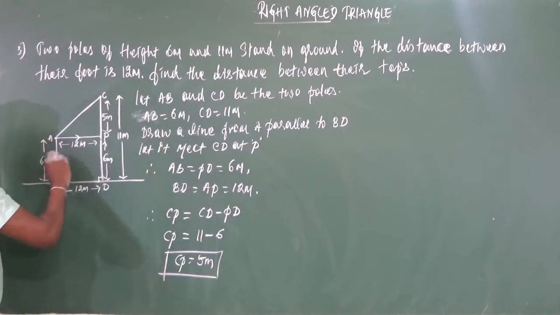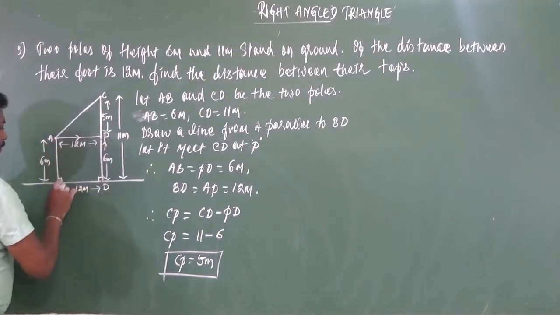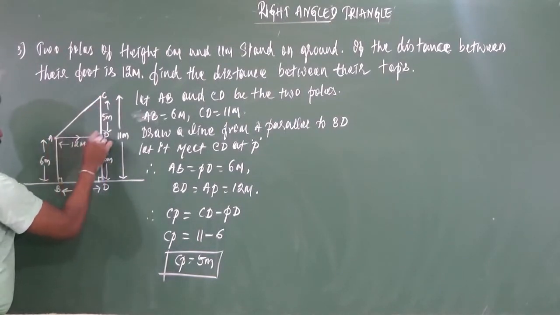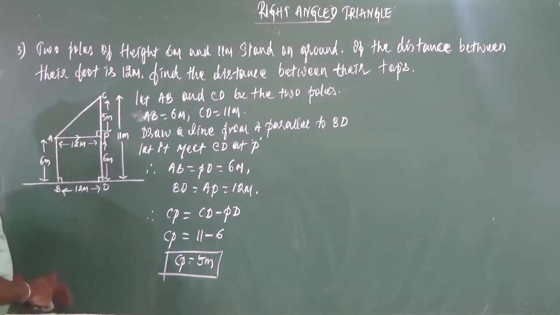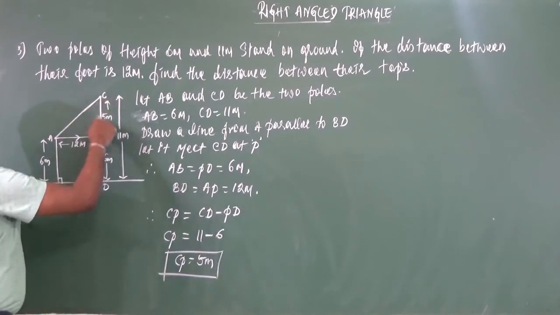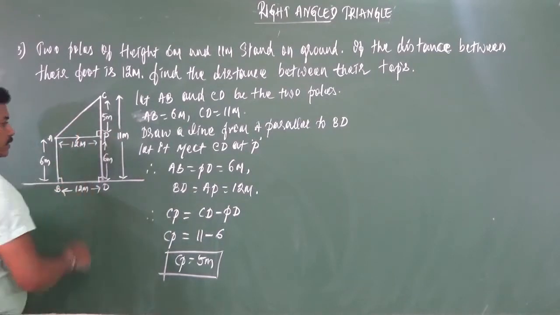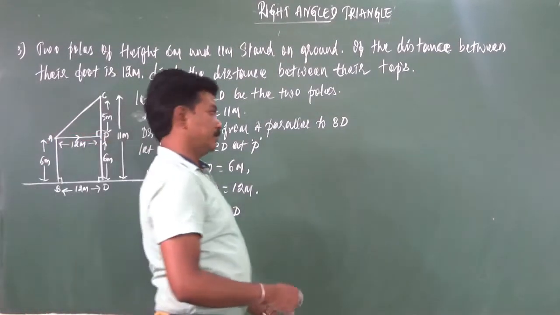Now, as this line is parallel to one line and perpendicular to another, this line will also be perpendicular to AP. Therefore, in triangle ACP, we have two sides and we can easily find the third side by using Pythagoras theorem.